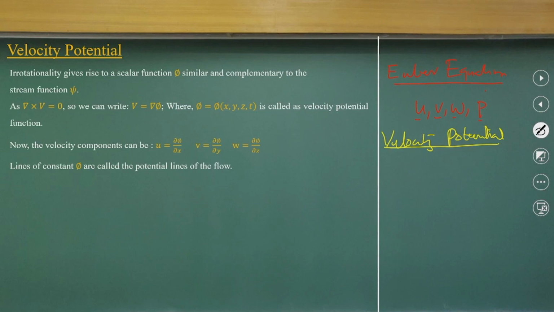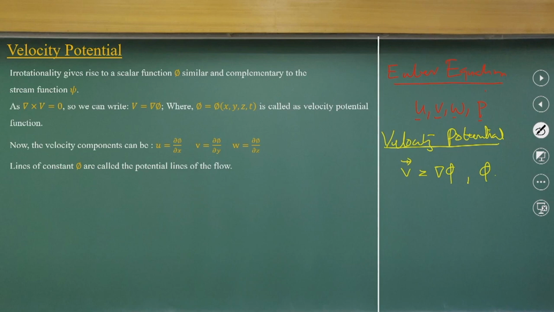Here we look not at the current but at the velocity field. That means we define V as the gradient of a scalar field phi, where phi is the velocity potential function.